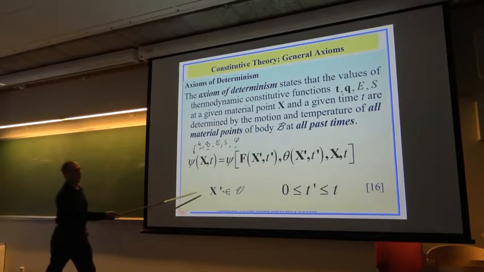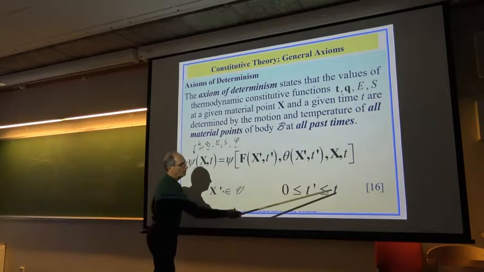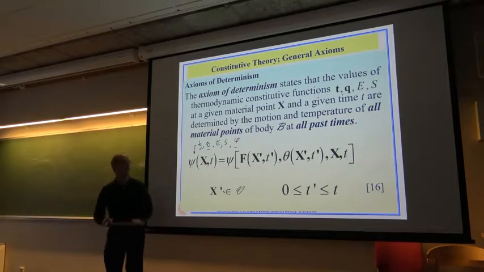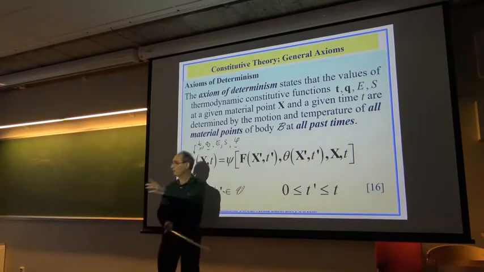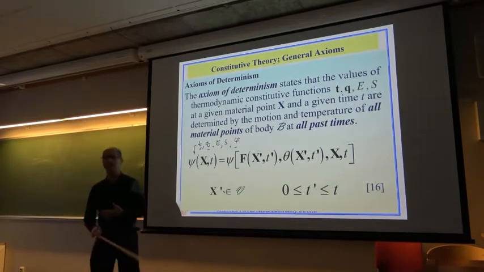So this belongs to all points of the body, and t prime is from time 0 until the present time, and the initial X. And of course, it depends on where you are, because it could be heterogeneous material, and it depends on the time you are.